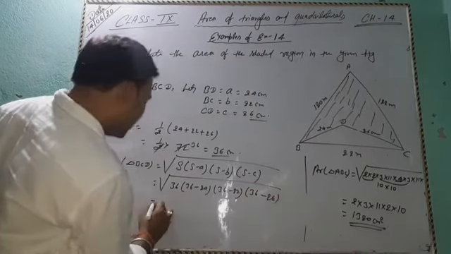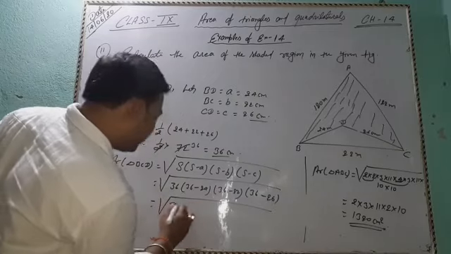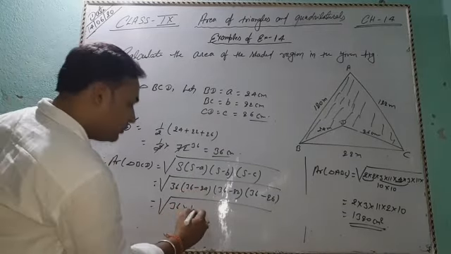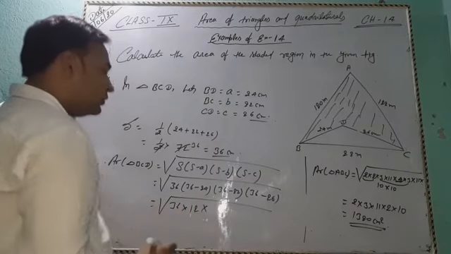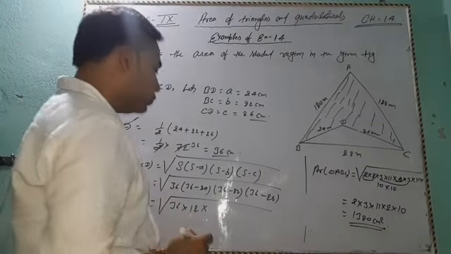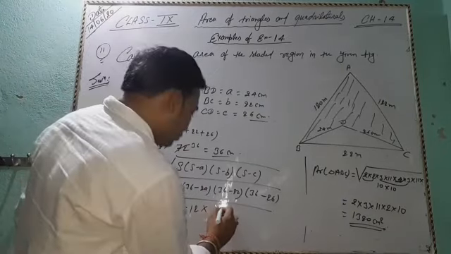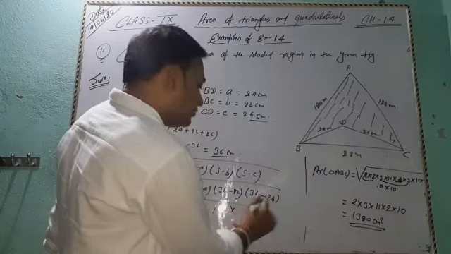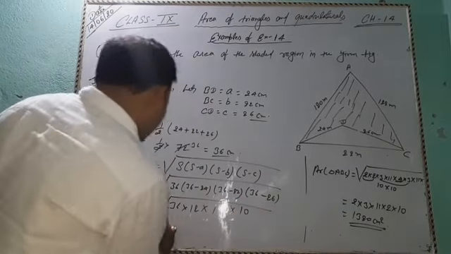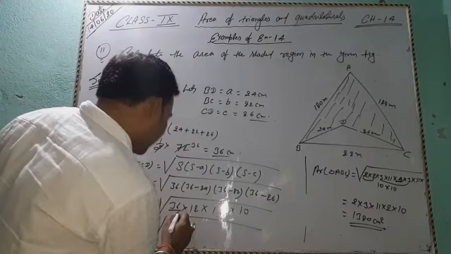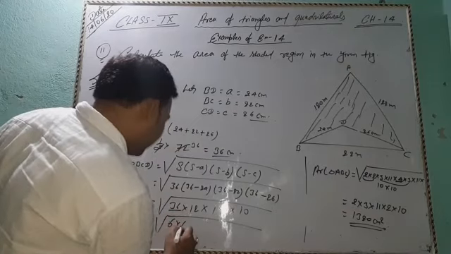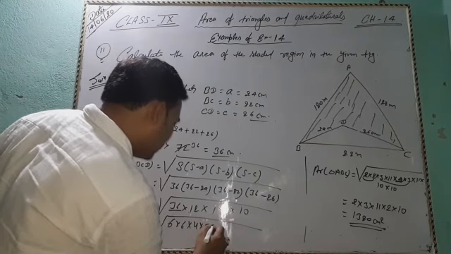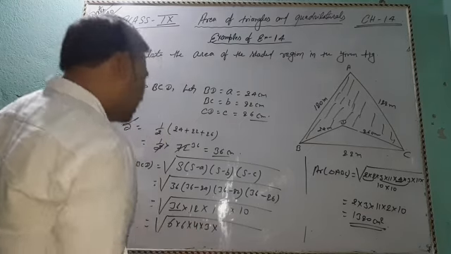Okay, so this implies 36 multiply 36 minus 24 is 12, 36 minus 22 is 14, multiply 36 minus 26 is 10.